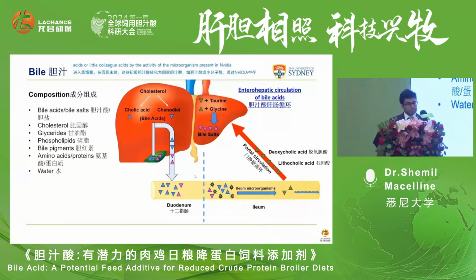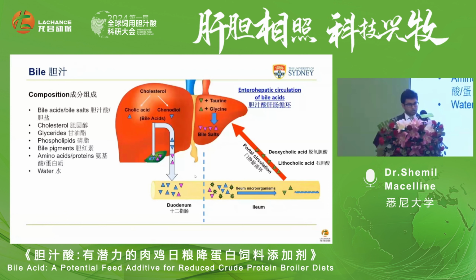Most of these secondary bile acids are reabsorbed into the portal circulation, and approximately 5% of the secondary bile acids are excreted to the outer environment with the fecal components. After this reabsorption, the secondary bile acids go again to the liver and are conjugated with amino acids called taurine or glycine, and they are converted into bile salts.